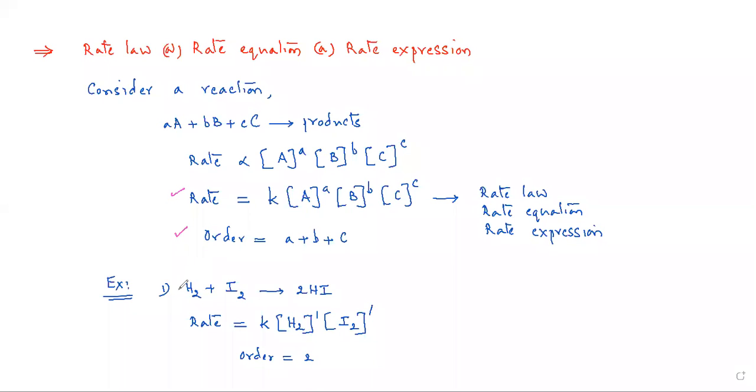If you look at the powers of the concentration terms in the rate equation, they are simply the stoichiometric coefficients of hydrogen and iodine.